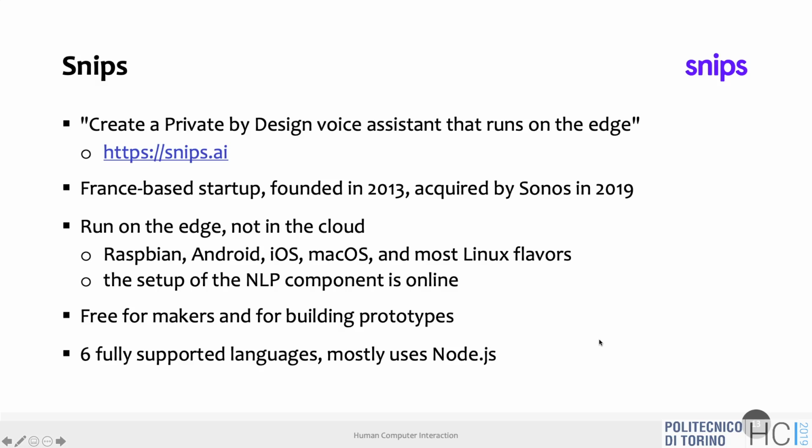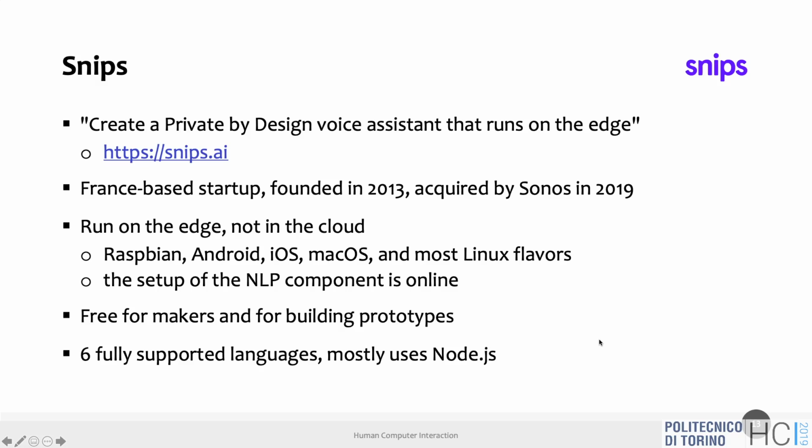And it has a great focus on privacy, obviously, because it doesn't run on the cloud, so there is nobody that can get your data or your information, because everything is local and runs on Raspbian, Android, iOS, and so on. Only the setup of the natural language processing of the conversation, the sentences that you are going to recognize, is online, but then you have to download that and use it locally.